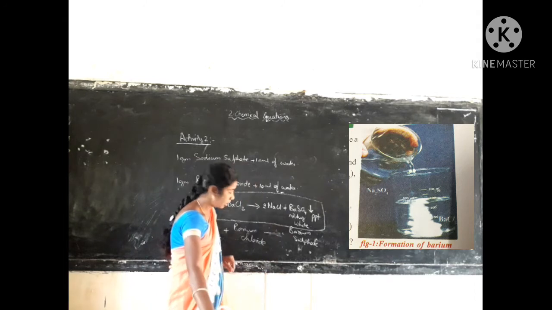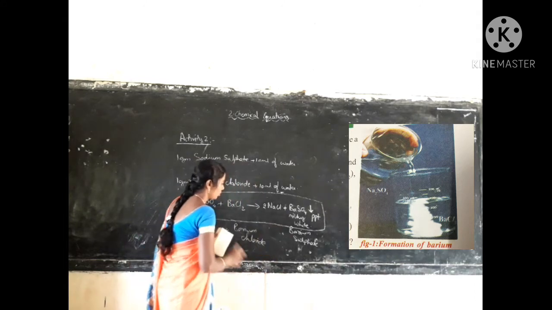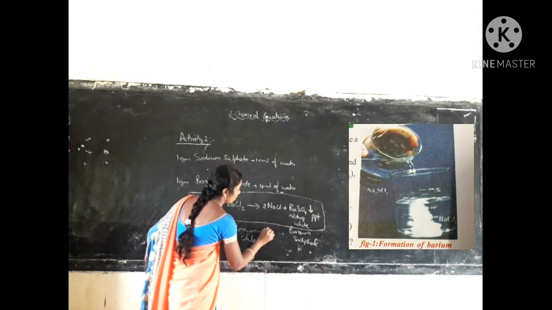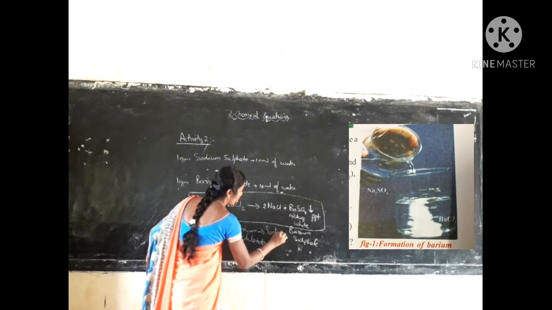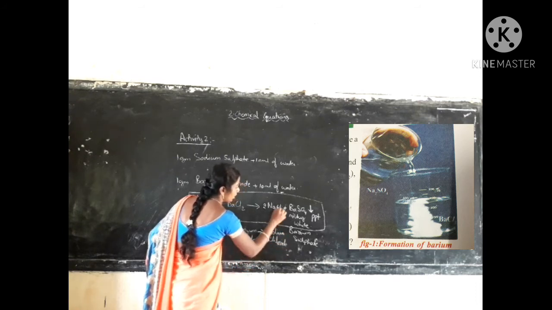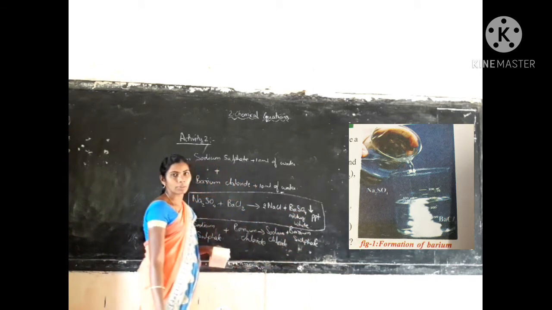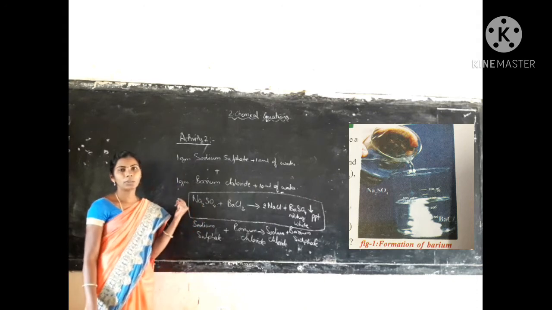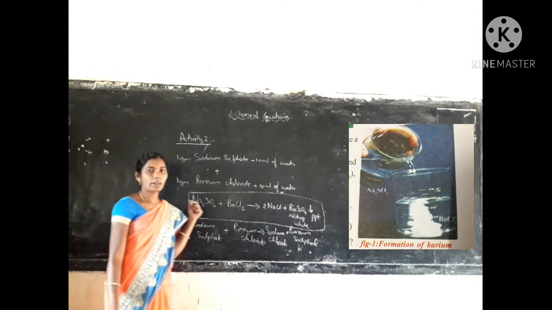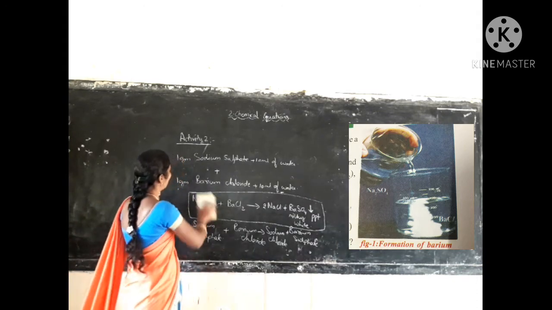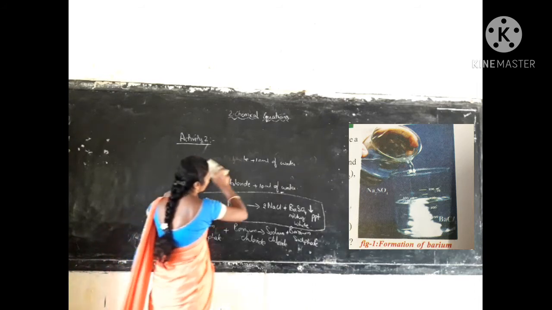What is this NaCl? Sodium chloride. Cl is chloride, plus BaSO4 is barium sulfate. So let's write it in the chemical equation. So this is our second activity. Okay? Now let us see the third activity.